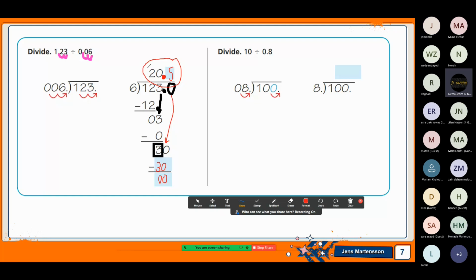I don't care. That means, teacher, that when there is no decimal point or 0, we will come to that. Put the decimal point at 0. Then put it up. Decimal point.